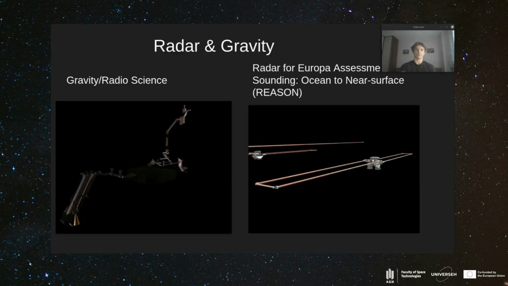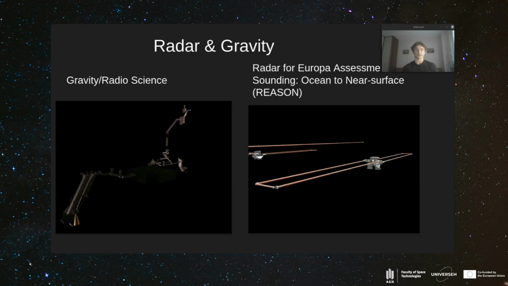Next, we have radar and gravity. Gravity radio science, as I said before, is not an instrument itself. It's the antenna and other hardware on Europa Clipper. And we have REASON. The difference between those two is that GRS is responsible for capturing and sending back radio waves between Earth and Europa Clipper.